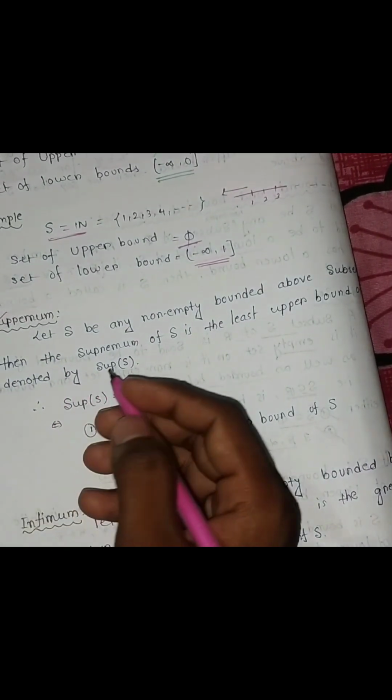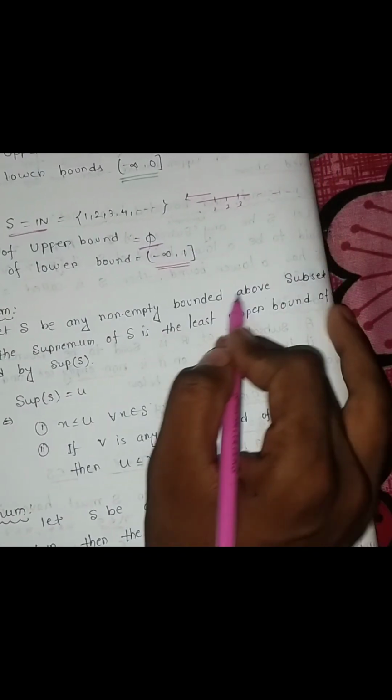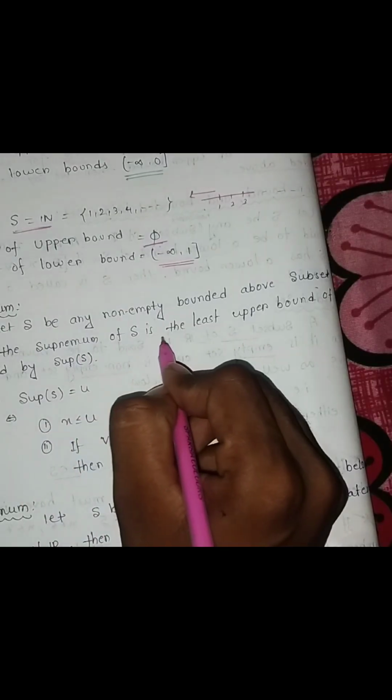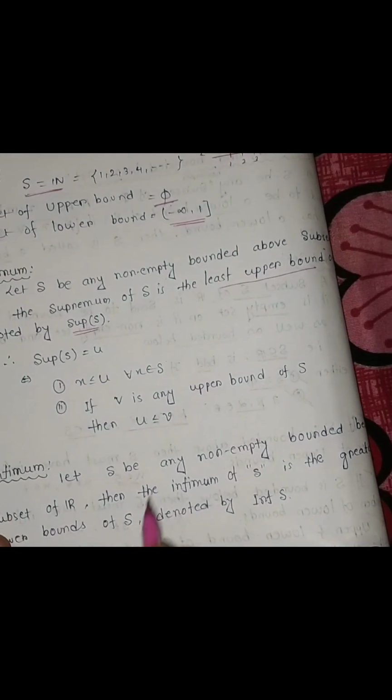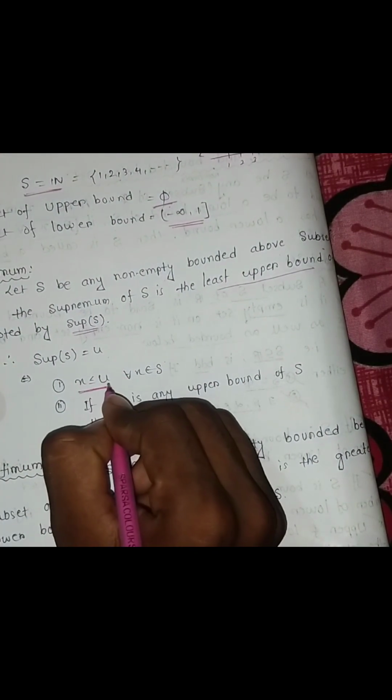Now some important topics, which is the supremum. Do you know what the supremum is? Supremum means least upper bound. Let H be any non-empty subset that is bounded above, then the supremum of H is the least upper bound, denoted by sup S. What is the meaning? The supremum is denoted by U, and U must be an upper bound.